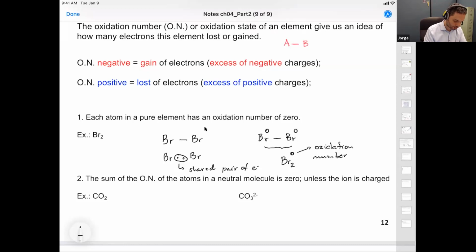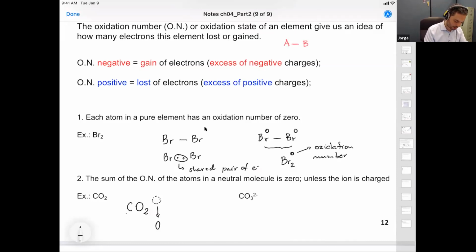Let's start with CO2. If there is no number outside the compound, okay, so no number right here, that means the sum of the oxidation states of the elements in this compound has to be 0. Again, if there is no number on the top right corner outside of the compound, that means the sum of the oxidation numbers of the atoms has to be 0.